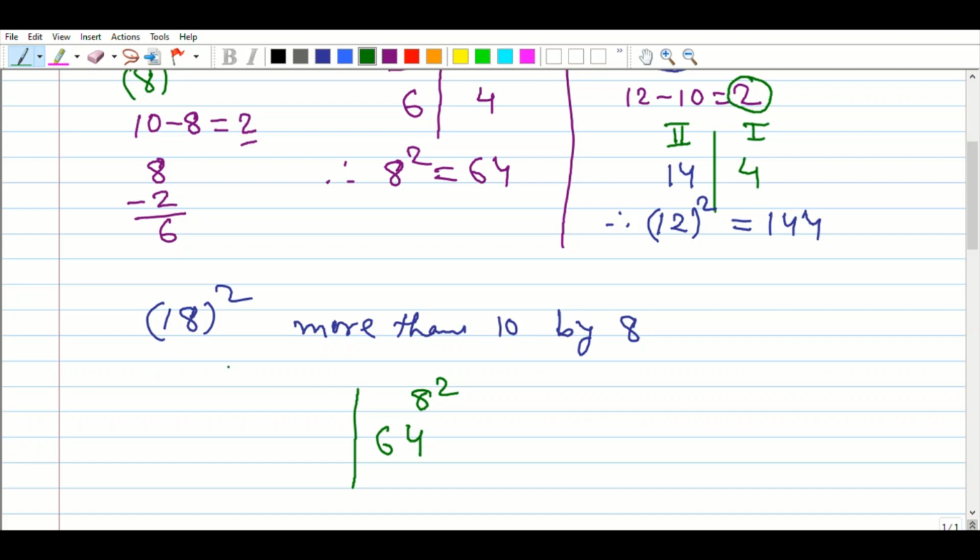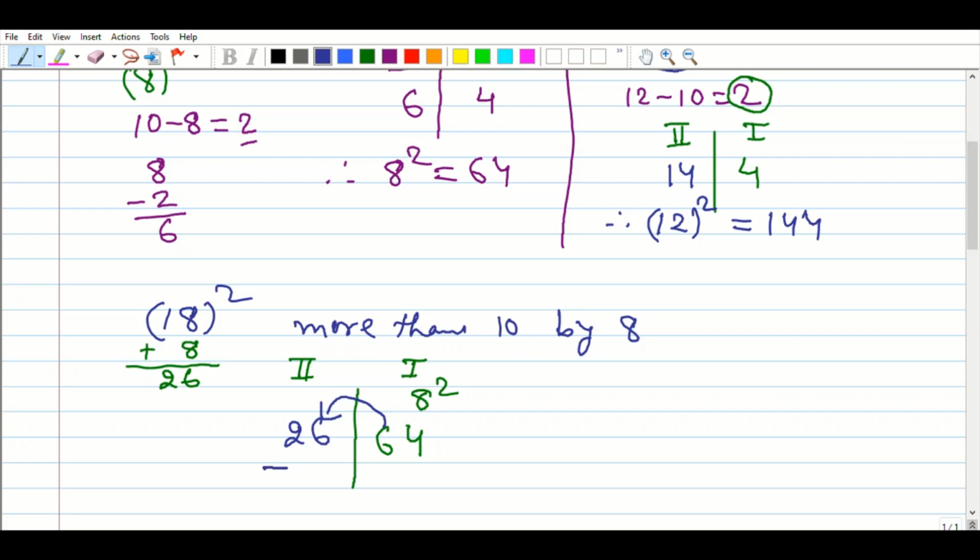Very good. Now after that, in the second part, which is the left hand side, you add 8 in 18, then we get 26. We get 26 here. This one is added into 26.